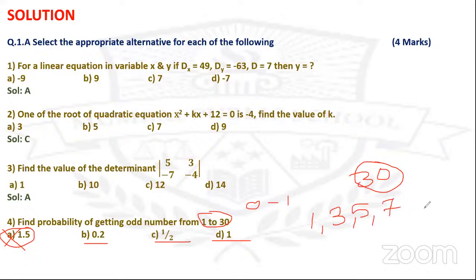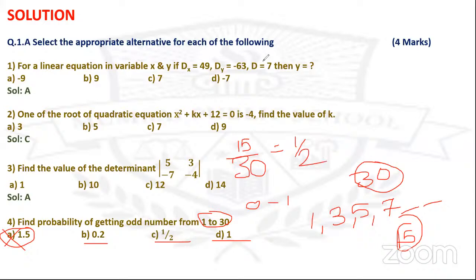If you consider these numbers, there will be 15 numbers from 1 to 30. So simply here, probability will be what? The number of odd numbers upon the total number, that is 30. So here it's 1 by 2.